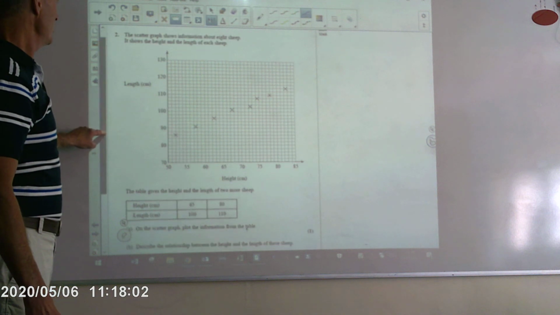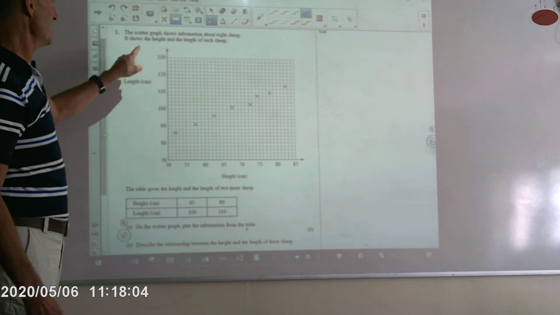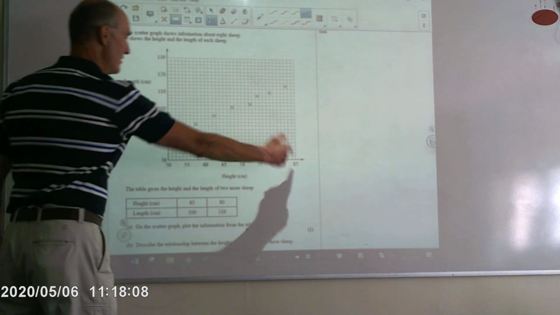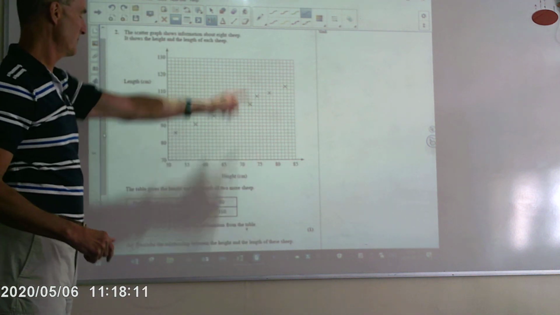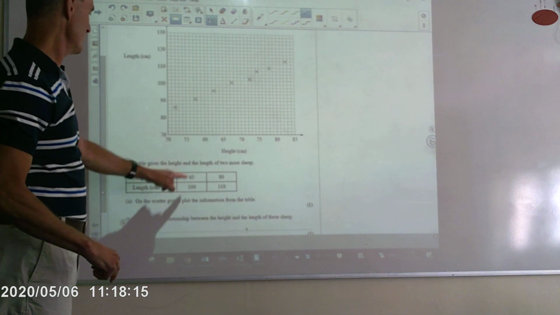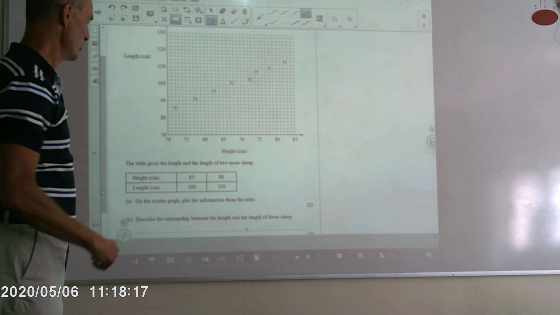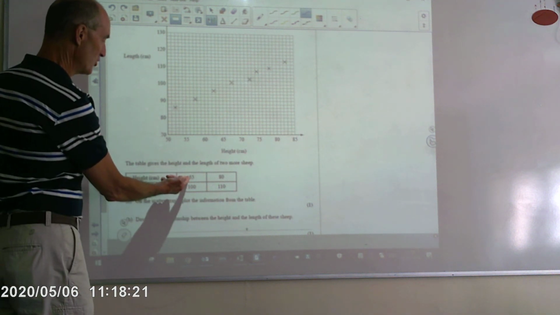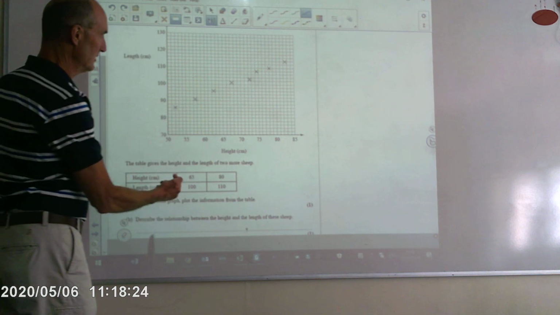Another exam question here, information about each sheep. Height and the length of each sheep. So that's the length of the sheep, there's the height of the sheep. And it's plotted some of the points for you. What's it then asking you to do? It's giving you the height and the length of two more sheep. So it's giving you a sheep that's 65 tall and 100 long. So we can plot an extra point.